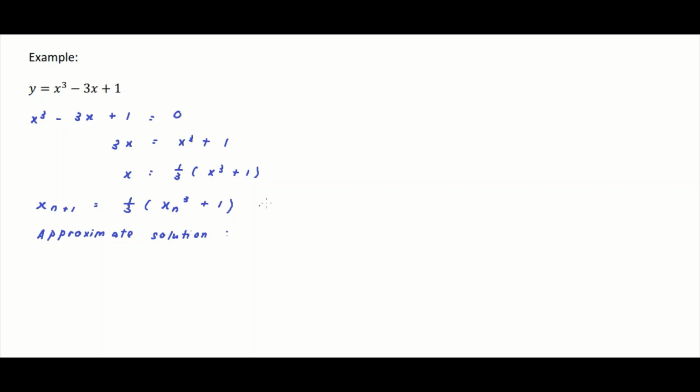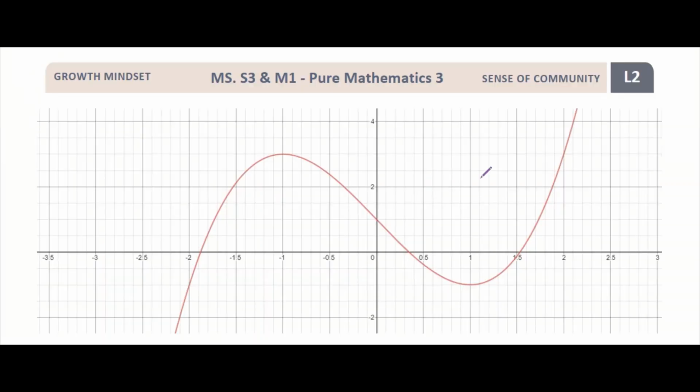Okay, so let's see how the graph looks like. So this is the graph of y equals x cubed minus 3x plus 1. I'm actually using a graphing calculator to help us shorten the time.